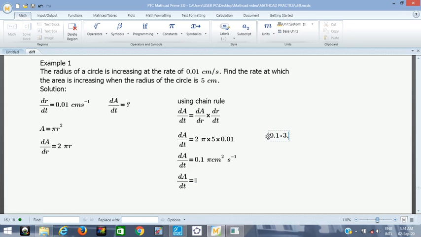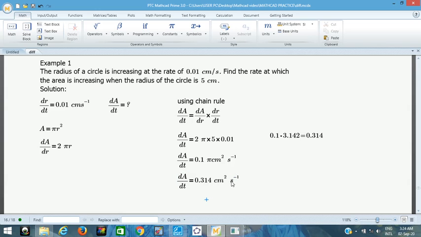Most times we use 3.142 for pi, and the answer gave us 0.314. That is to 3 decimal places. That's what I did in this case, 0.314, same centimeter square per second, cm² s^-1, because area is centimeter square divided by seconds, which is time.